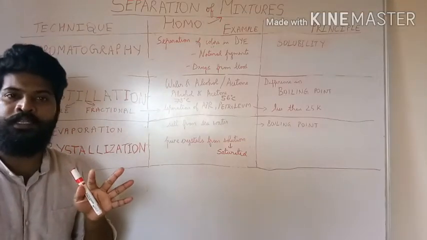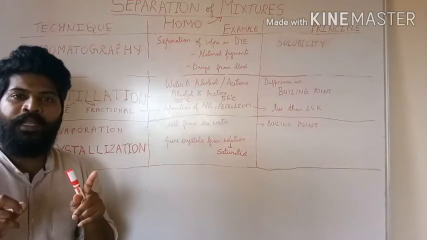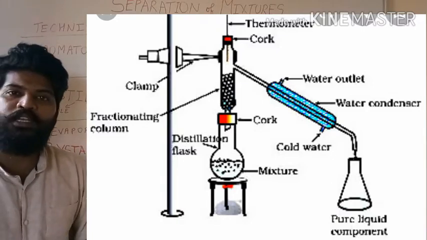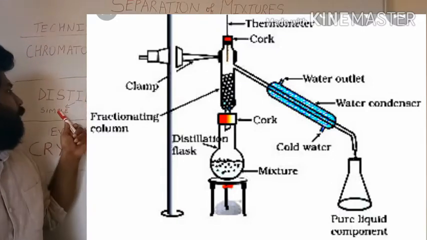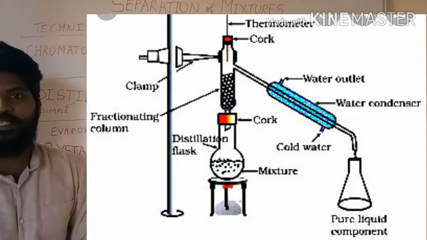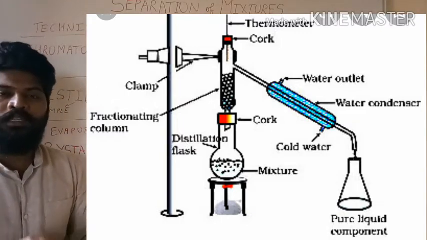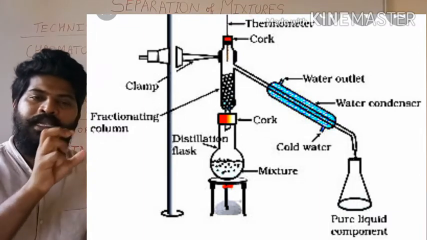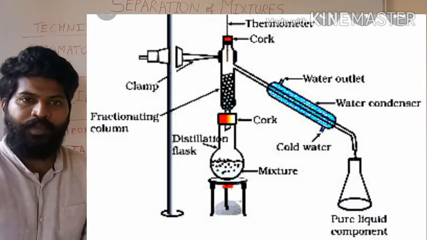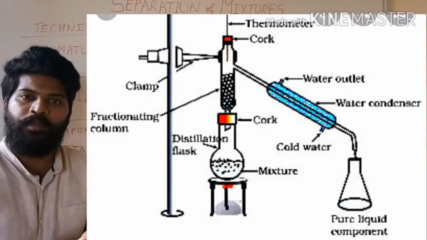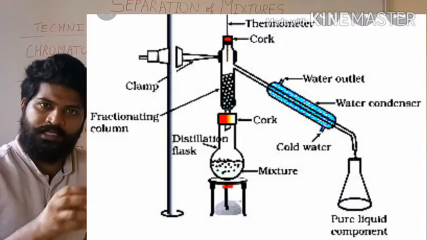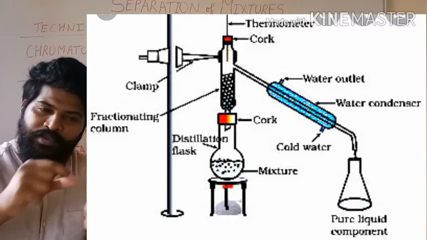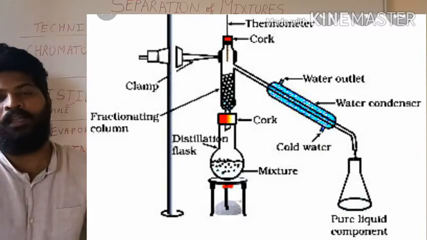In fractional distillation, the only difference is that there would be an additional fractionating column when compared to the distillation setup. In the fractionating column, glass beads are present. When we heat the petroleum mixture from below, it will undergo vaporization, and it is all collected at different levels separately.